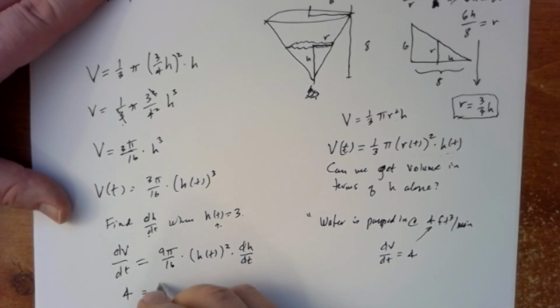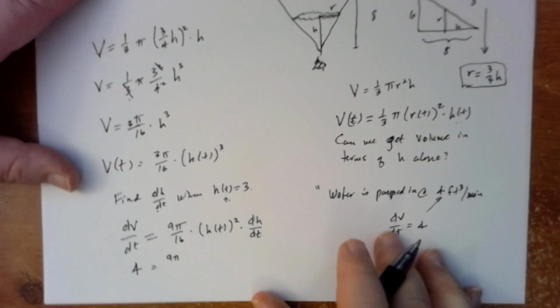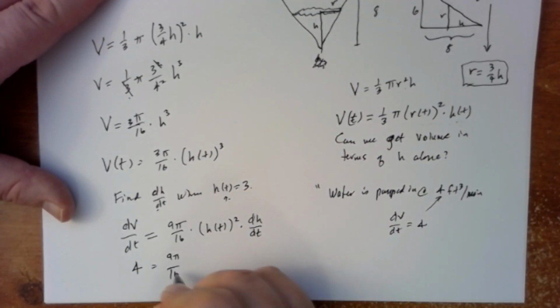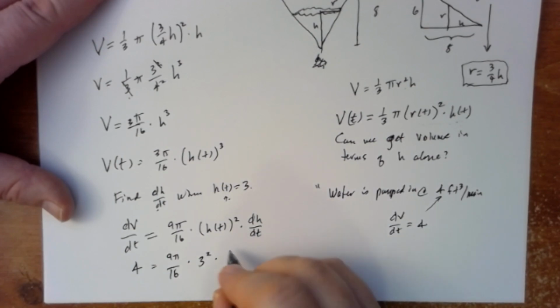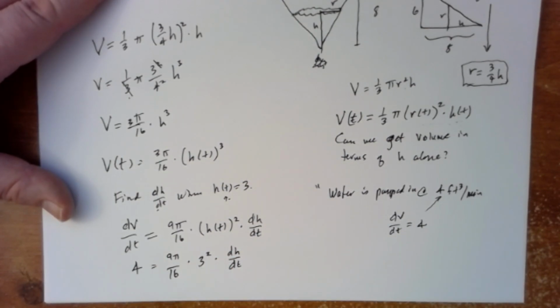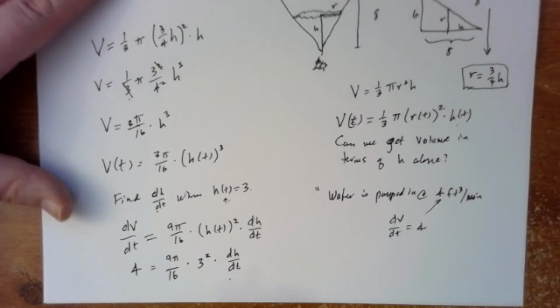And then I've got 9 pi over 16. Then h is going to be 3. And then we just are left with dh over dt. Now we just solve this equation for dh over dt.